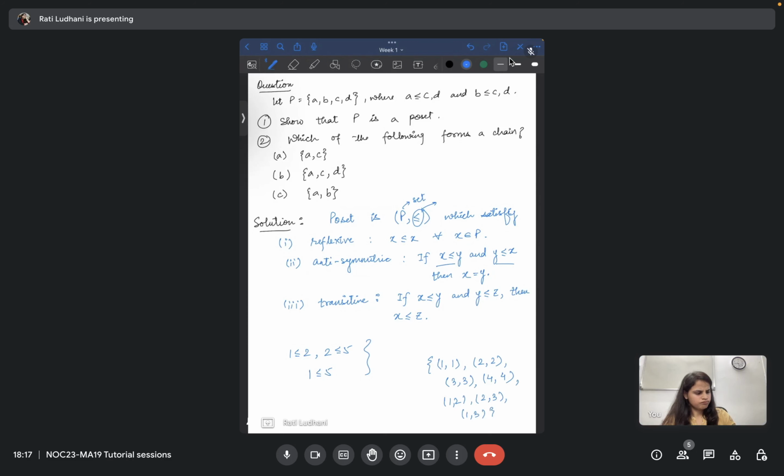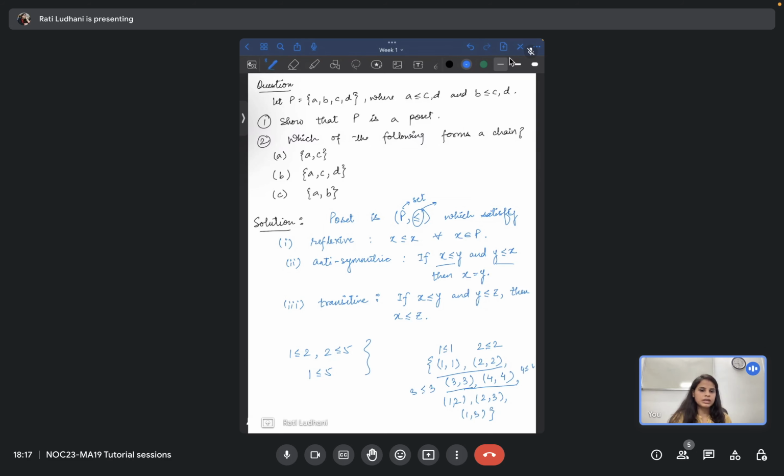Yes, ma'am. So basically reflexivity is satisfied because all x comma x are related. So 1 is less than or equal to 1, 2 is less than or equal to 2, 3 is less than or equal to 3. I should not say less than or equal to, but this is your relation.